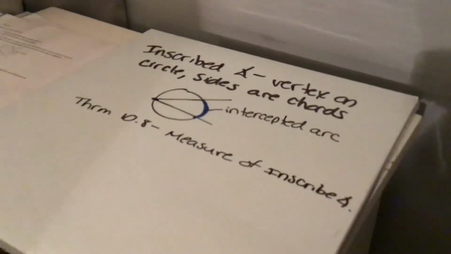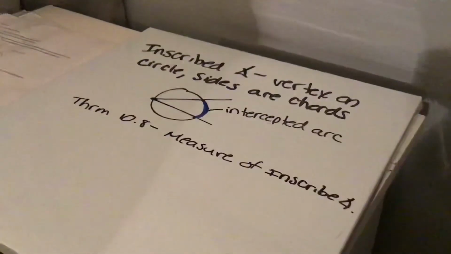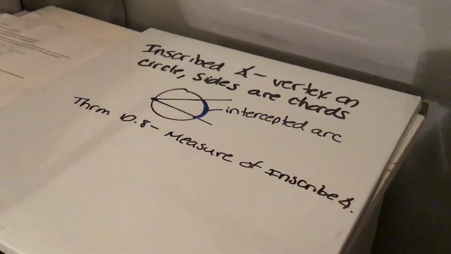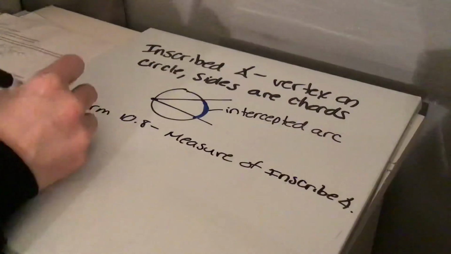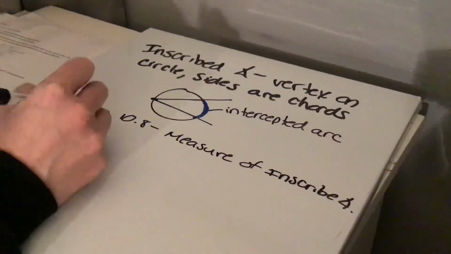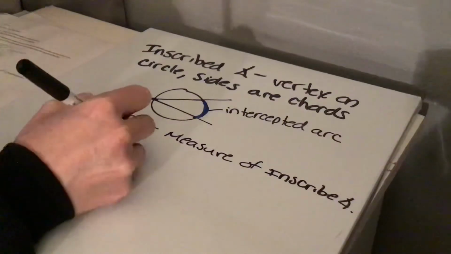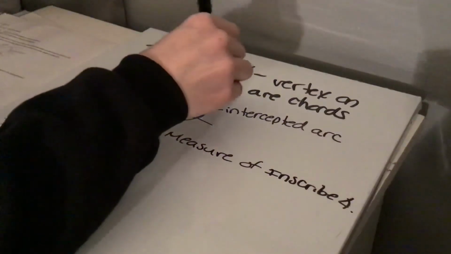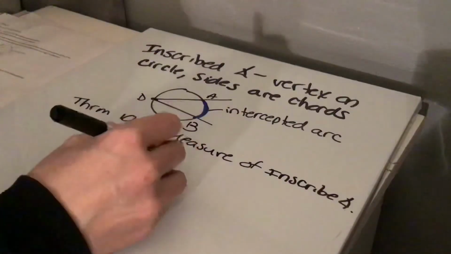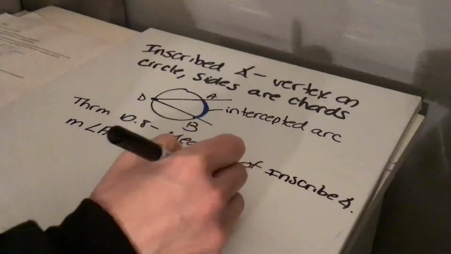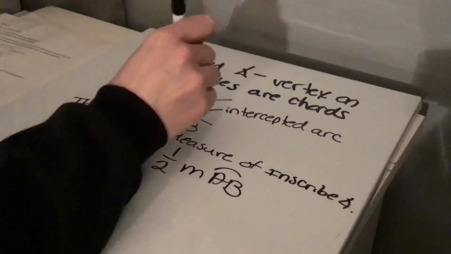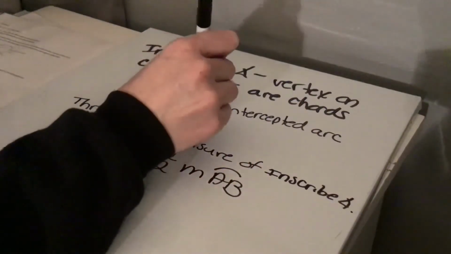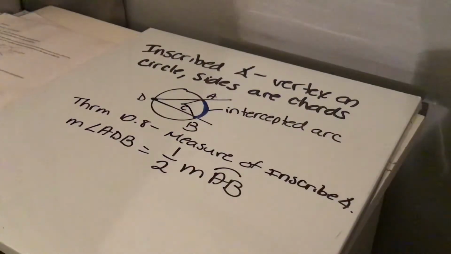It tells us, different than the central angle, that if an angle is inscribed, the measure of the angle, so here is angle ADB, is going to be half the measure of the arc, okay? And here's the center. So the angle is half the arc for an inscribed angle, okay?